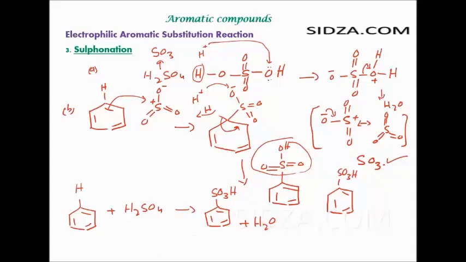Let me use a slight color coding because that will actually help us to understand it a little bit better. So the hydrogen which was actually attached with the benzene ring here, okay, it is the same hydrogen that we find with the final group. It's not the hydrogen from the sulfuric acid, right, which you find here. It's the hydrogen from the benzene ring that goes to this one, right, in the sulfonation.